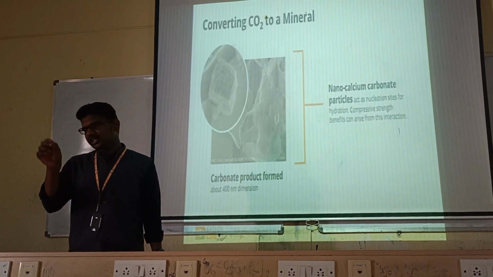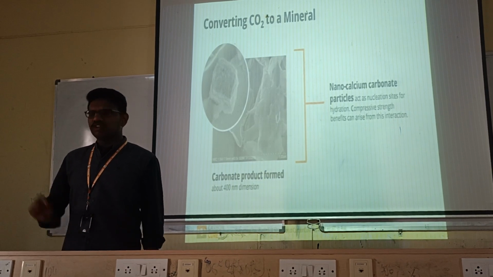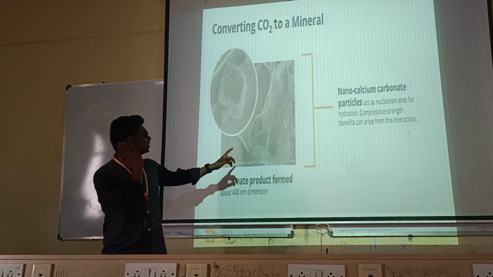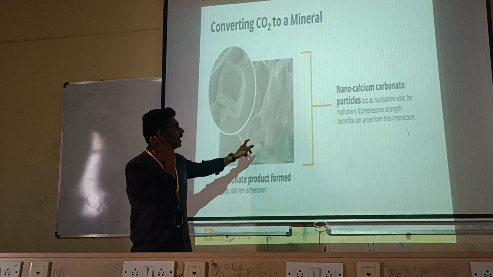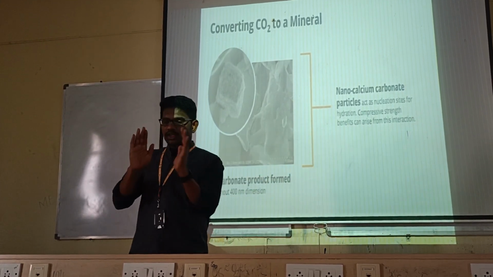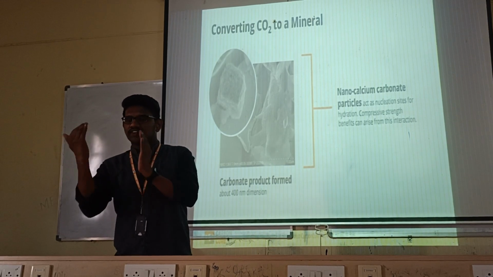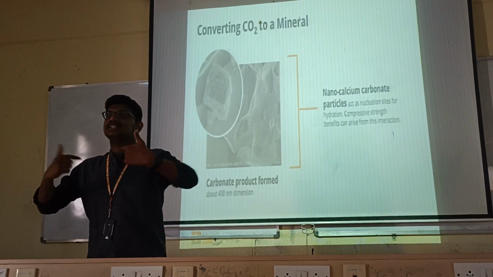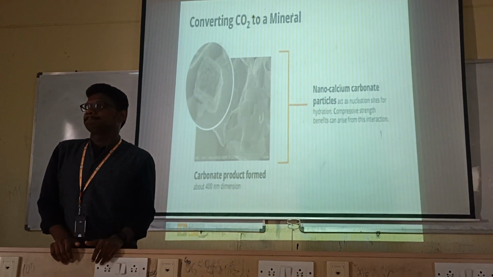And all the other 99.8% of cement will be normally hydrated. It forms as normal concrete. This 0.2% of the nanomaterial that is formed will form a surface on the concrete layer. And what this does is it increases the compressive strength of the concrete.